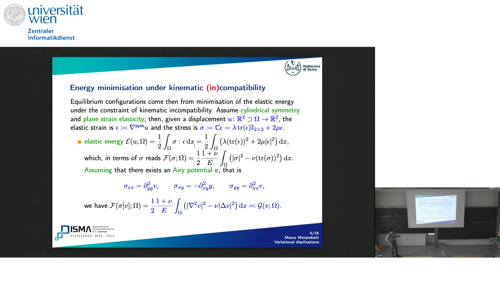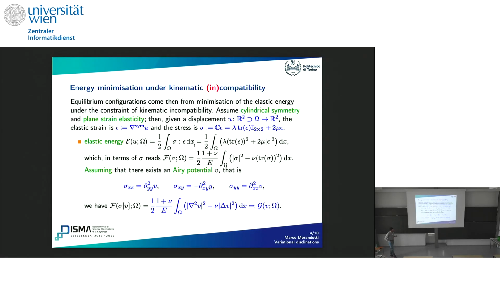So the XX component of sigma is the YY derivative of V. The mixed ones are the mixed derivatives with a minus sign coming in, and the YY component of sigma is the second derivative of V in x, right? And if you do so, the equilibrium equation, that would be divergence of sigma equal to 0, is automatically satisfied in this sense because of cancellations. So engineers like this very much because they don't want to work with that, because that's given for free, and then they can focus on other things, on the Airy stress variable.